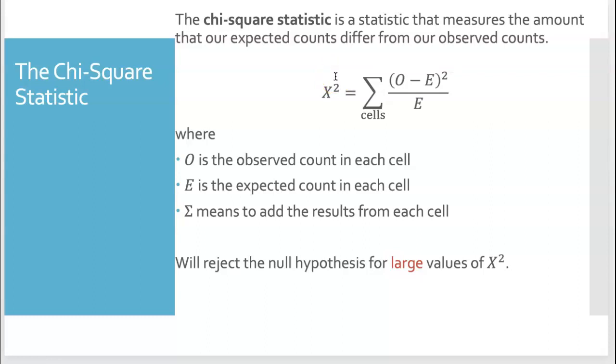If it's a lot larger than 0, we're going to reject the null hypothesis. If it's very close to 0, then we're going to fail to reject the null hypothesis. O here represents the observed count in each cell, E is the expected count in each cell, and the sigma is just saying, for each cell, do this, and then add them all up in the end. And we will reject the null hypothesis for large values.